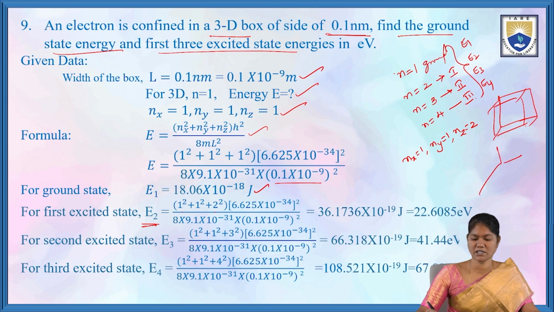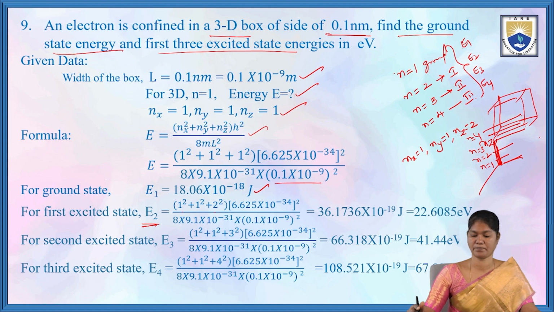So the particle will be raised up in the z direction, so for nz we have to take n equals 1 for ground, n equals 2 for first excited state, n equals 3 for second excited state, n equals 4 for third excited state.